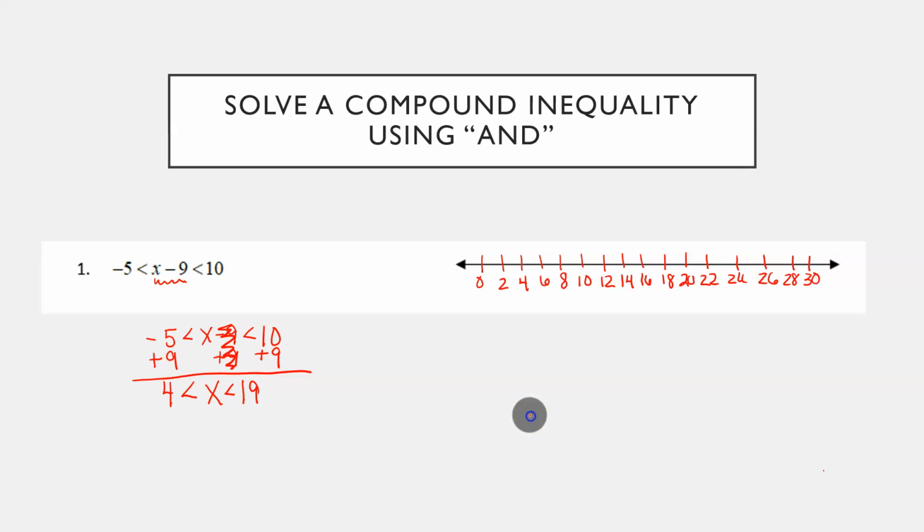So we see, if you remember, the ends are open for that symbol, and less than or equal to and greater than or equal to, the ends are closed. So I'm going to have closed ends. I'm going to put one at 4 and one at 19. So x is greater than or equal to 4, so it's that way, but x is less than or equal to 19. So your ands will look like this when you graph them.